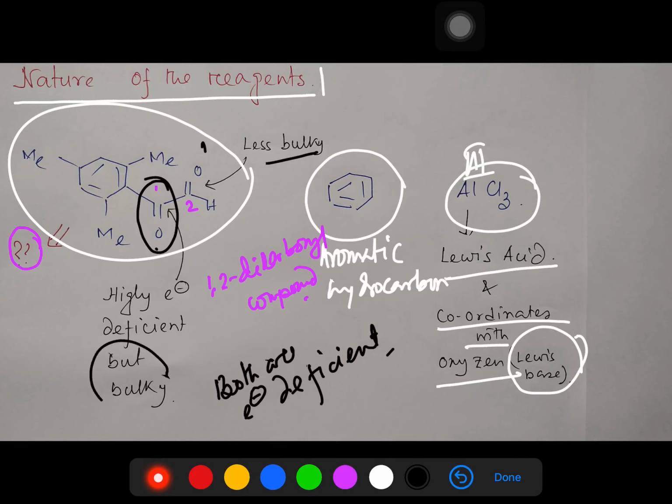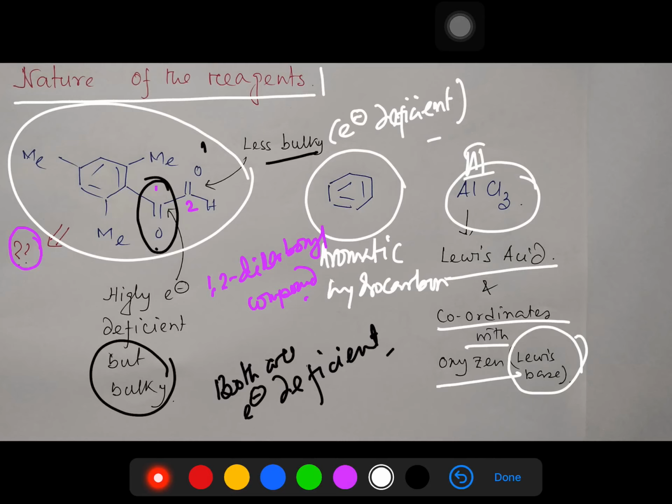From the electron deficiency point of view, aldehydes are less bulky as well as more electron deficient compared to ketones. But in this case, this is a special example where this ketone is also very electron deficient.